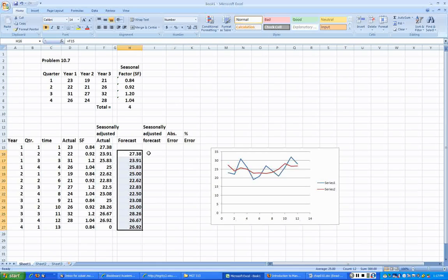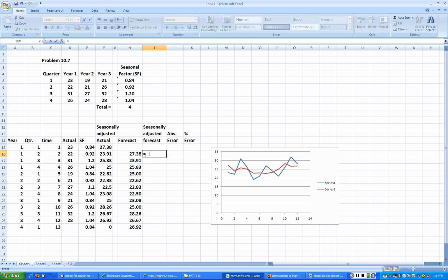Now what would be the seasonally adjusted forecast? Remember that this forecast that we have is seasonally adjusted, so it has already taken out the effect of seasons from this forecast. Now we got to build the effect of seasons back into that, so that is equal to that times the seasonal factor for quarter 2, the respective seasonal factor.